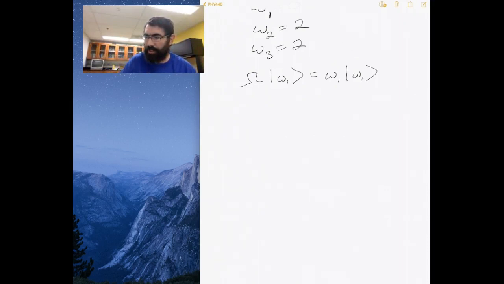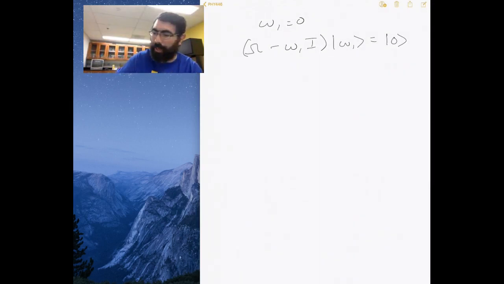So in this case, omega 1 is equal to 0, and we would end up with the matrix omega minus omega 1 times the identity times the state is equal to the null. So in this case, if I look back at my matrix, what we would get is 1 minus omega 1, 0, 1, 0, 2 minus omega 1, 0, 1, 0, 1 minus omega 1.